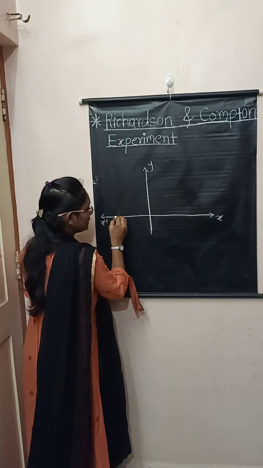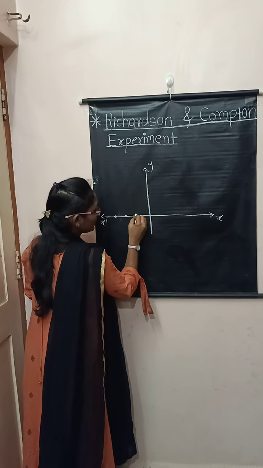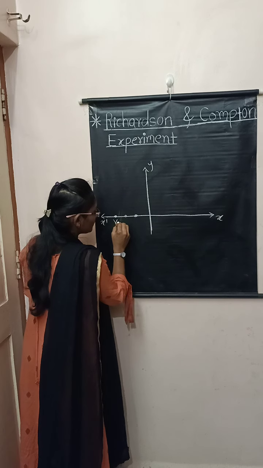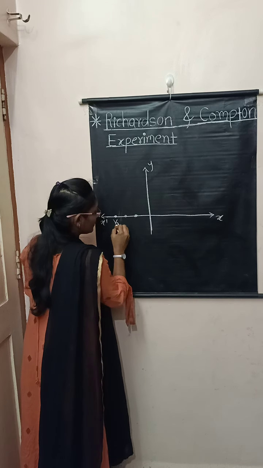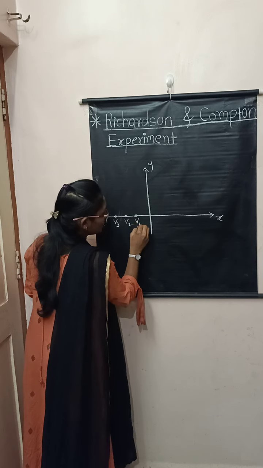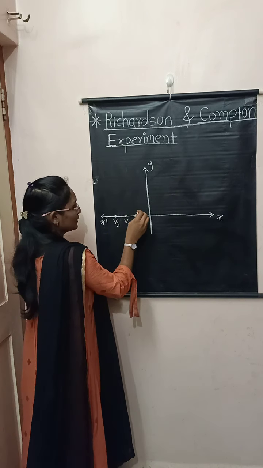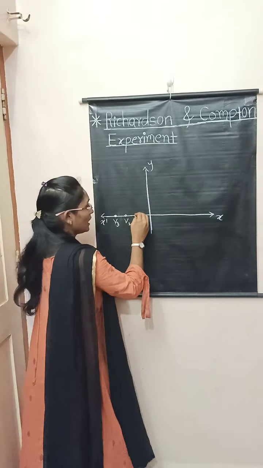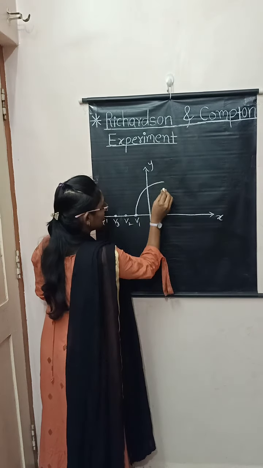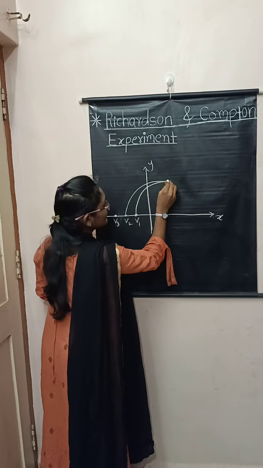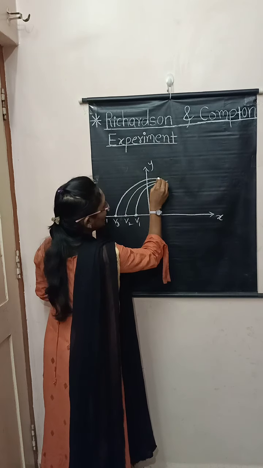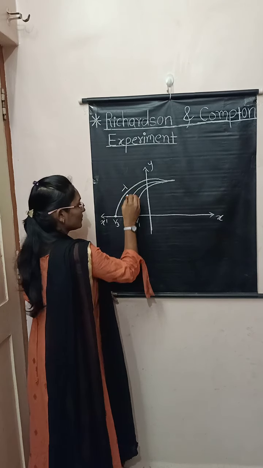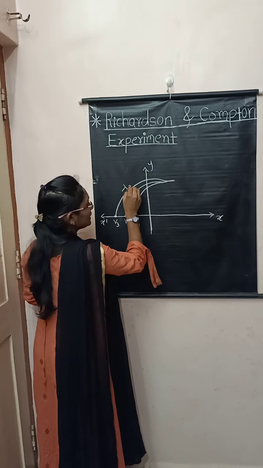In this graph we consider the values V1, V2 and V3. These are the values of velocity of photoelectrons, and three lines pass through them.